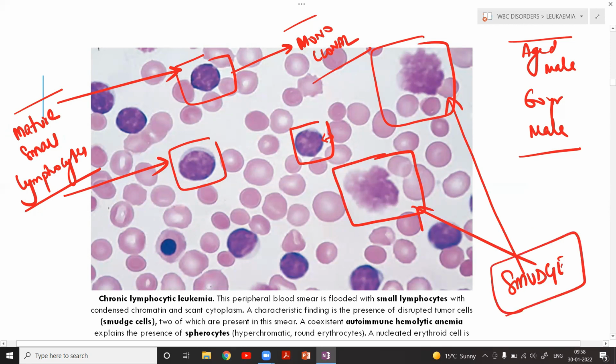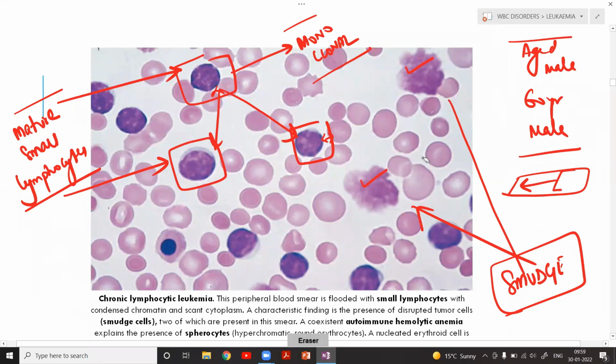These cells are very fragile, and when you smear them on a slide, the smearing crushes the lymphocytes. As a result, they appear as smudged cells, also called basket cells. Is it clear to everyone?